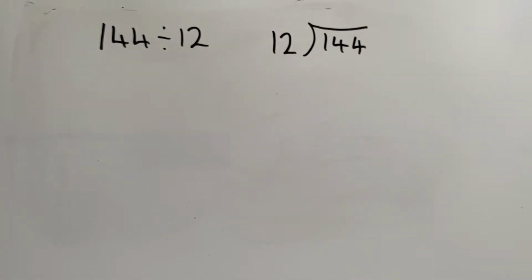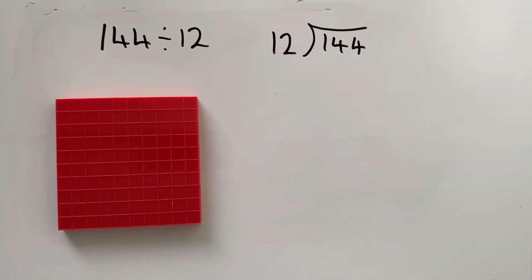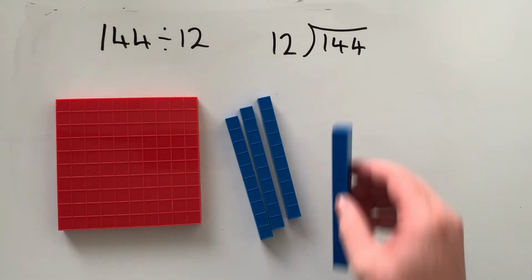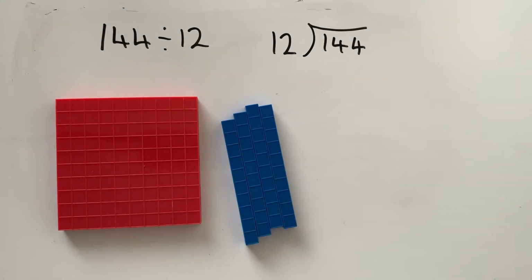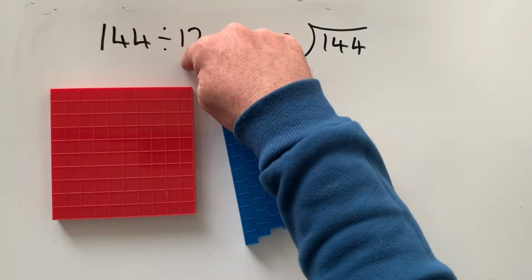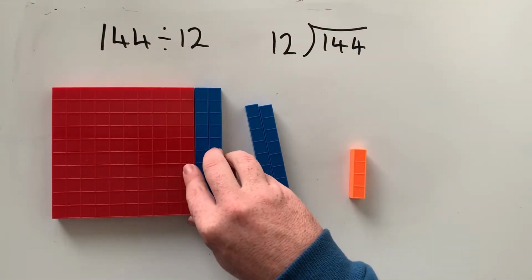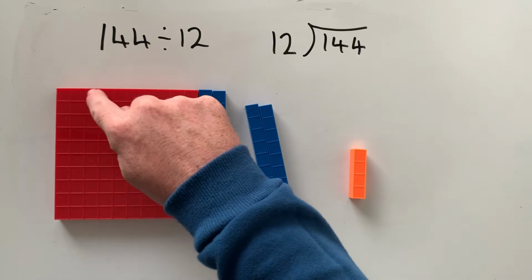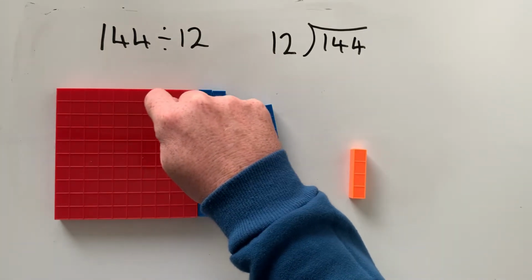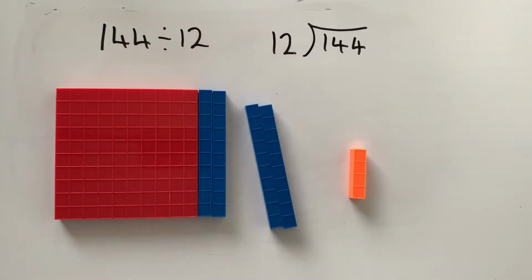Okay, so we need to get out 100 and 44, 40, 44, and we need to build 12 across. So there's 12. 1, 2, 3, 4, 5, 6, 7, 8, 9, 10, 11, 12.